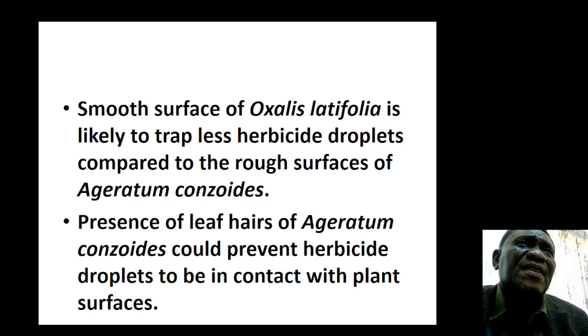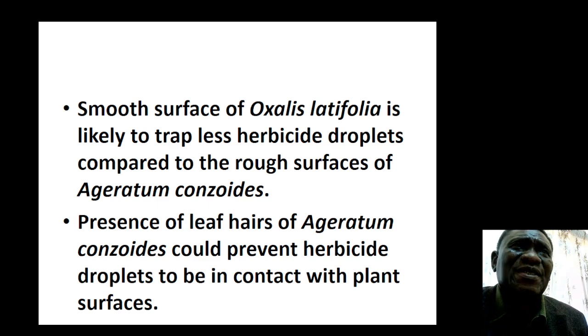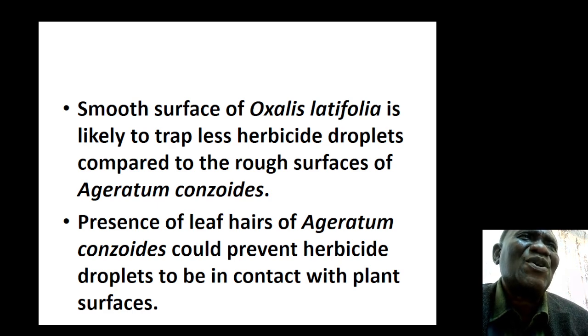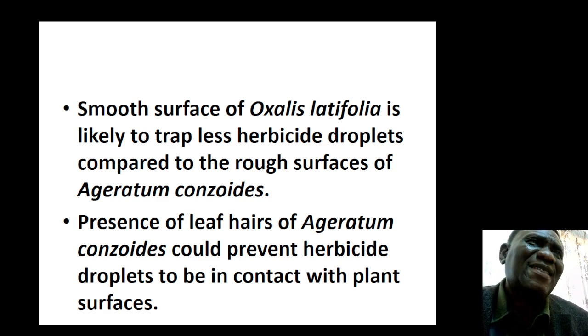So smooth surface of Oxalis latifolia is likely to trap less herbicide droplets compared to the rough surface of Ageratum conyzoides. However, the presence of leaf hairs of Ageratum conyzoides could prevent herbicide droplets from being in contact with the plant surfaces. So probably both weeds may survive herbicides.